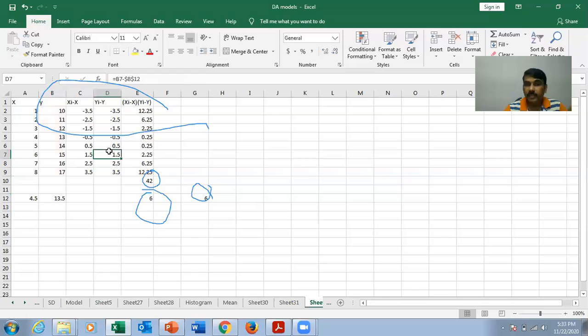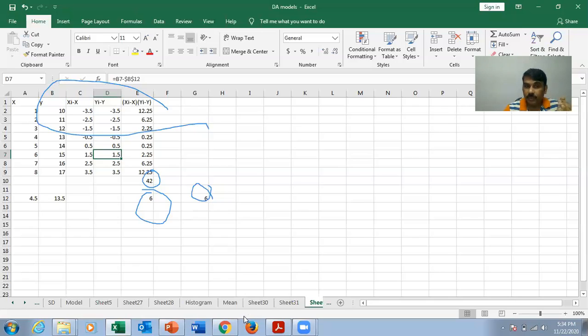So in front of you, this is what we have done in this class. Now I'm going to summarize this class for all of you. Here we have calculated the covariance value. The covariance value we have calculated through the formula.